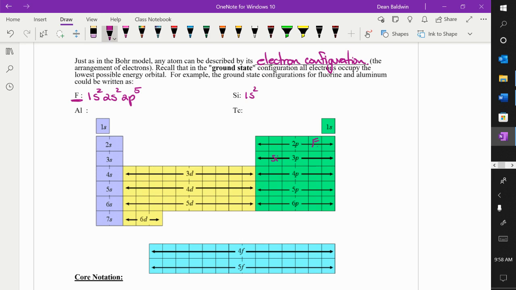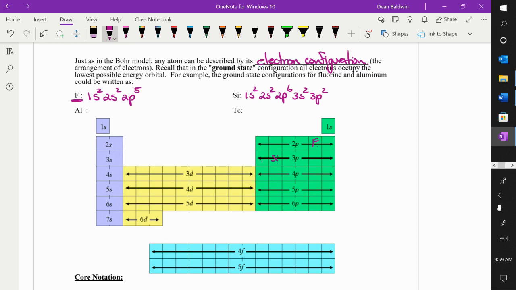The whole second row gets filled as well: 2s2, 2p6. The 3s2 gets filled. How many 3p electrons are put in? 2, right? Because then it's 3p1, 3p2. That is the electron configuration of silicon.